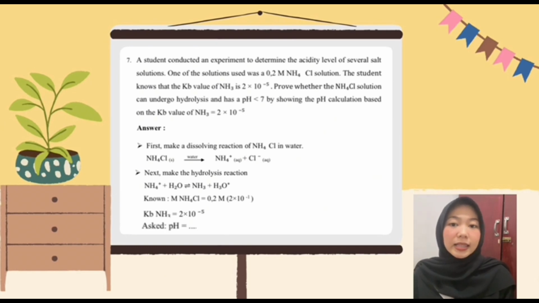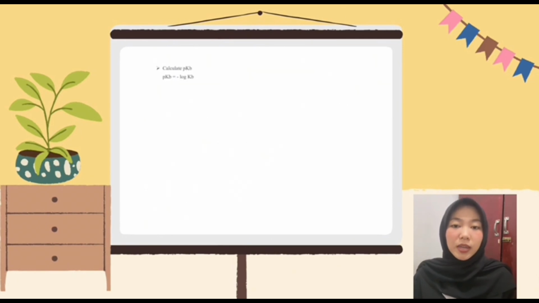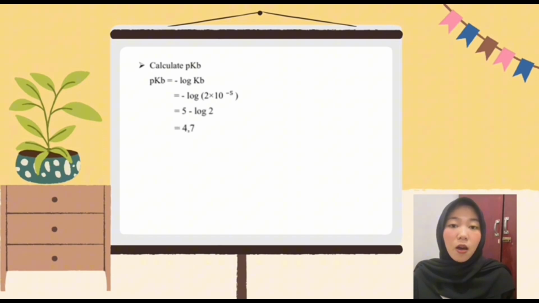What is asked is the pH. To calculate pH, we can use the pKb formula. First, pKb is 2 times 10 to the power of minus 5, so we get 5 minus log 2, or the equivalent of 4.7.